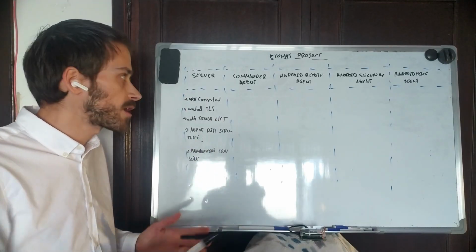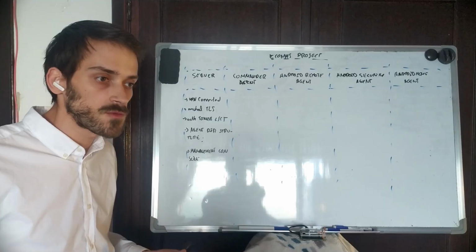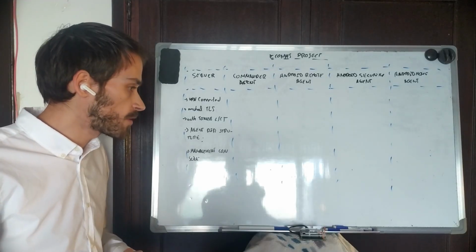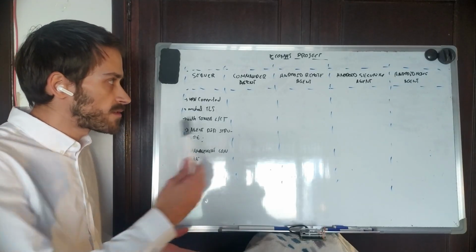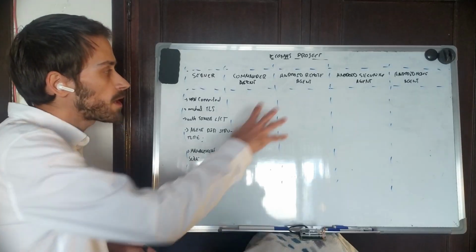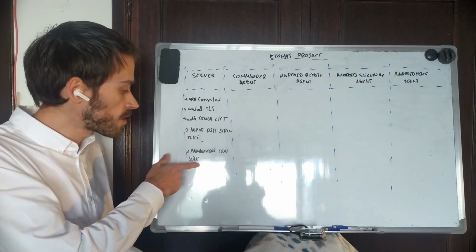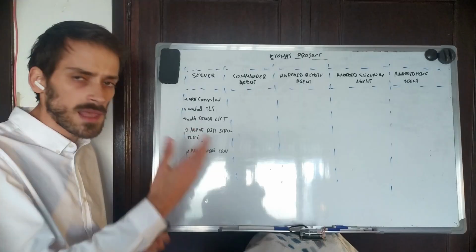So you can connect to the server via SSH, for example, and run a console there, and you can get the GPS location again. All the commands that you can do with the commander, you can do on the server through the management console. That's the idea, and a little bit more.